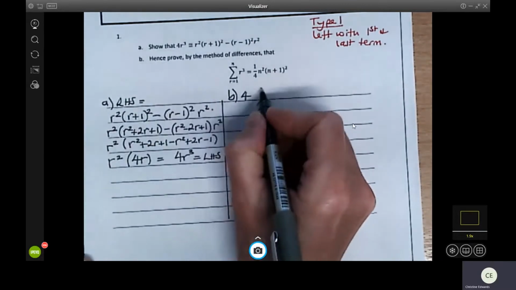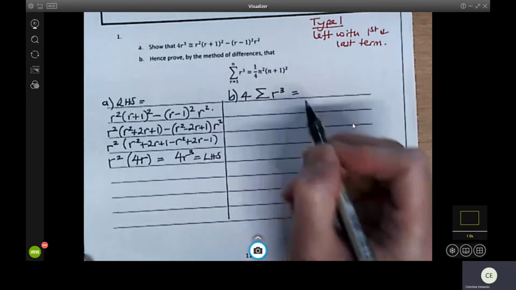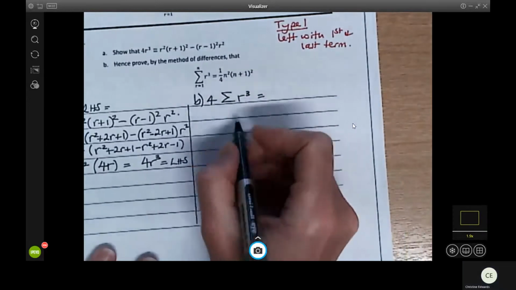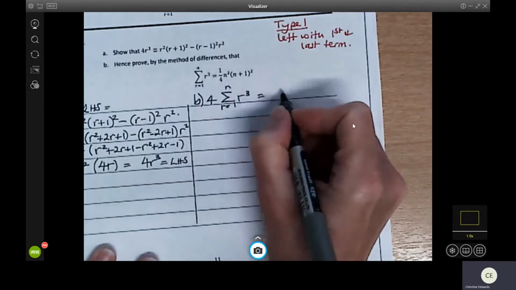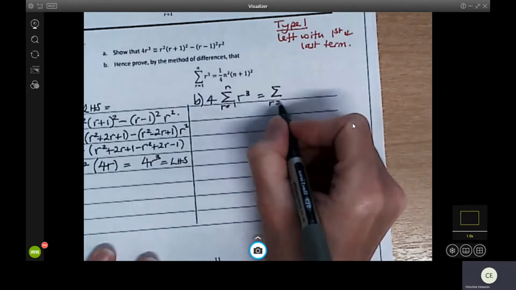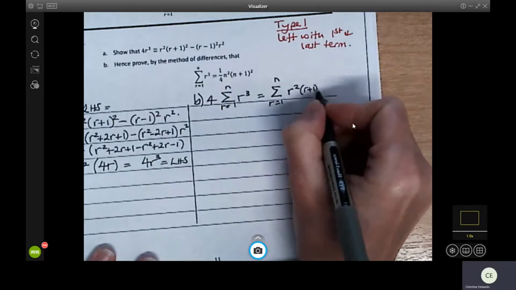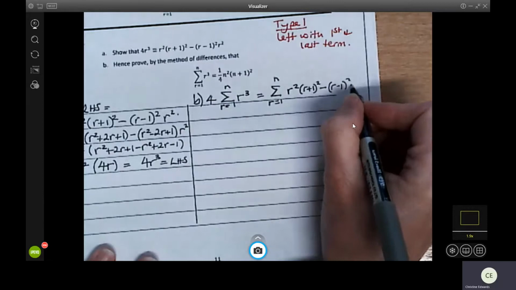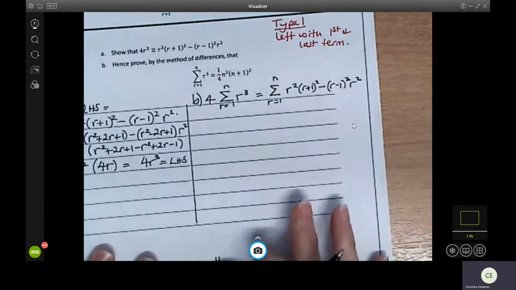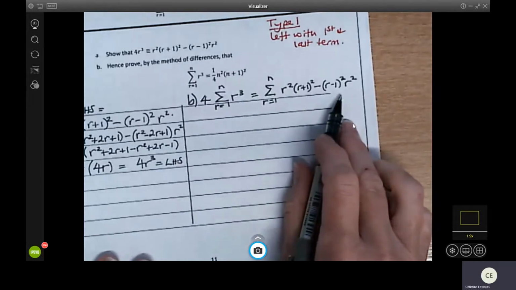So 4r³ is going to be equal to the summation from r equals 1 to n of the difference. So we've got r equals 1 to n again, and we need r squared (r plus 1) squared, minus (r minus 1) squared r squared.